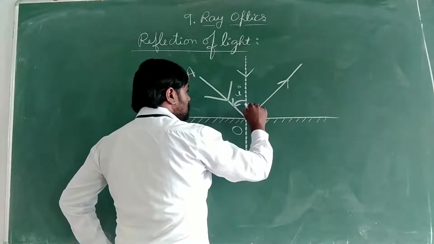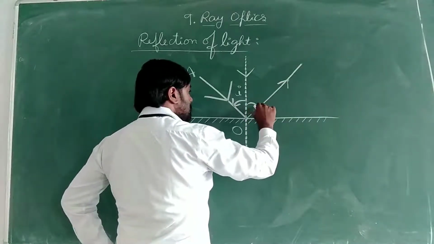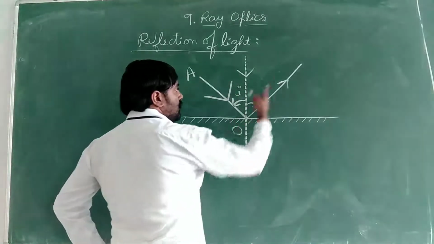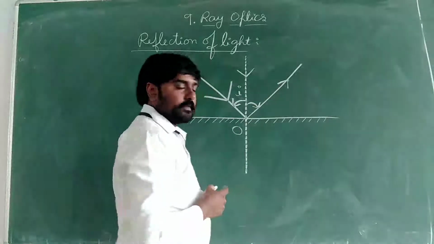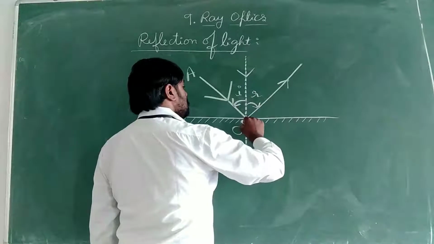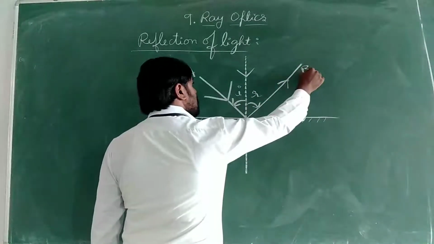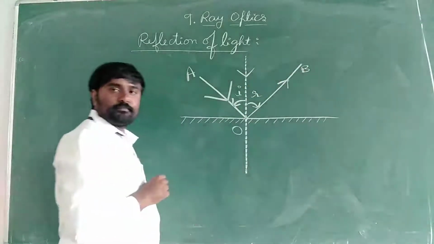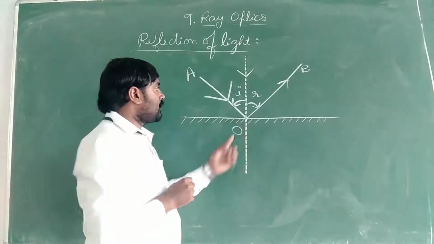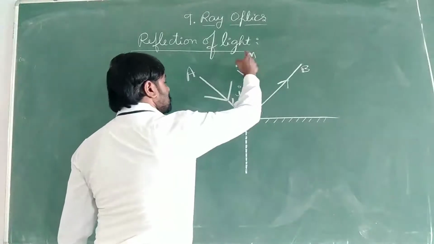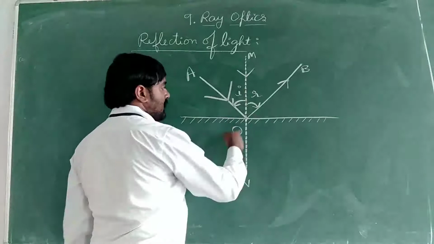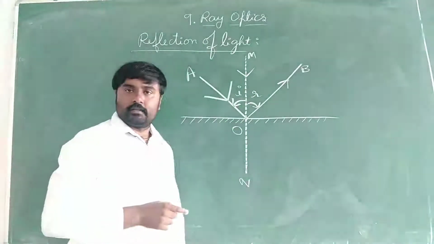So the angle made by normal to the reflected ray is called the angle of reflection. Let us consider this one as OB. AO is the incident ray, O is the point of incidence. Let us consider MON, the normal at the point of incidence.